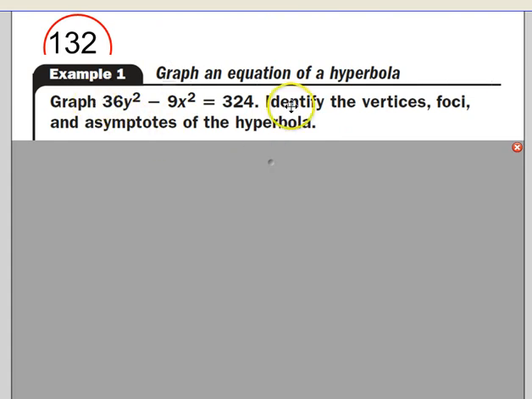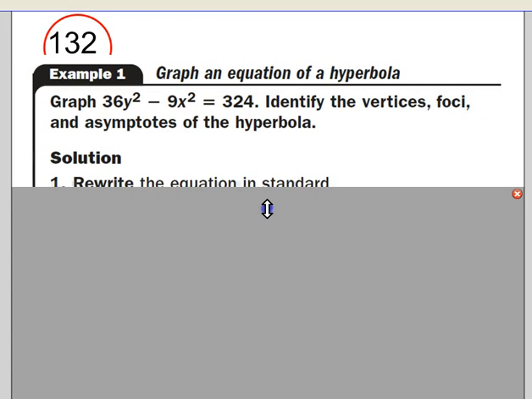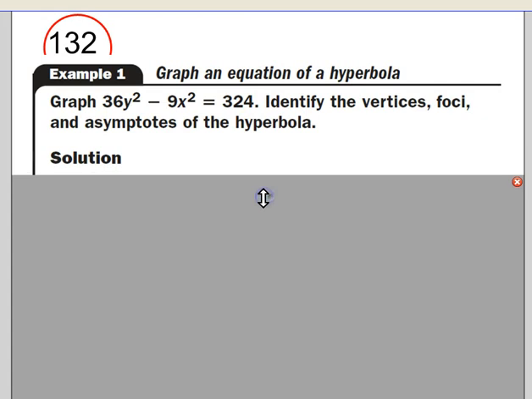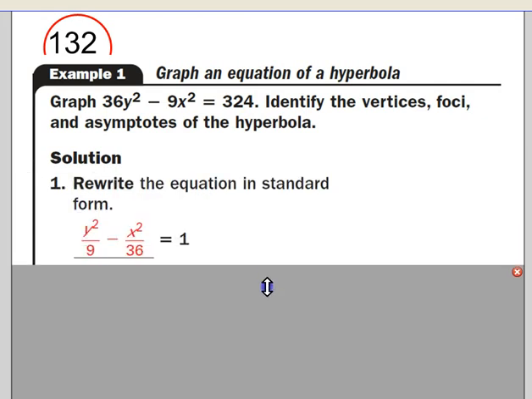So here I have a conic section, and they want me to identify the vertices, foci, and asymptotes of the hyperbola. I know it's a hyperbola because it has that subtraction symbol. I make sure that the right side is equal to 1, and in order to do that, I have to divide both sides by 324. So when I do that, I get y squared over 9 minus x squared over 36 is equal to 1.